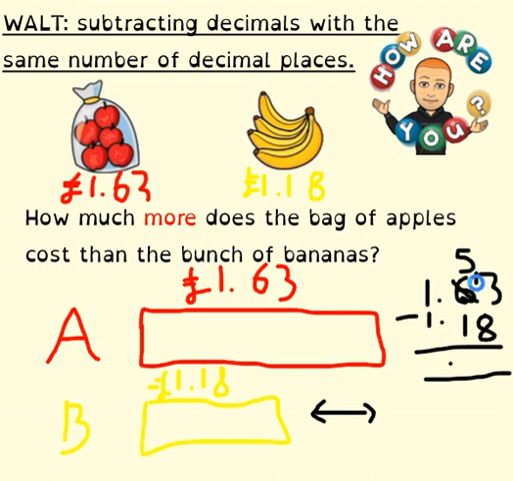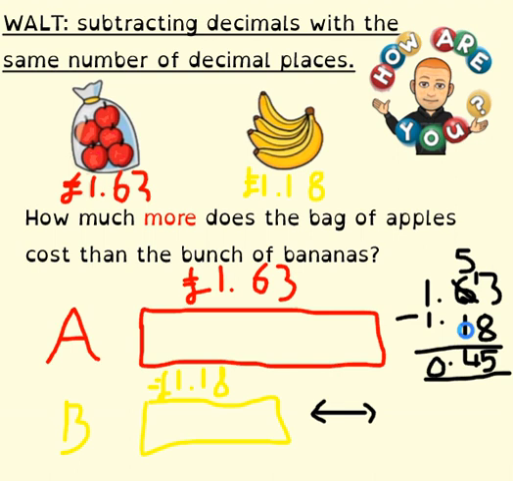I already had 3/100ths, so in total I've now got 13/100ths. 13/100ths subtract 8/100ths would give me 5/100ths. 5/10 subtract 1/10 would give me 4/10ths, and 1 whole, take away 1 whole, would give me 0. So I know that £1.63 subtract £1.18 gives me 45 pence.